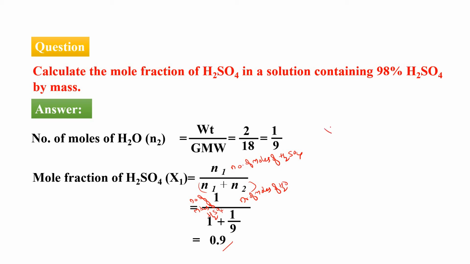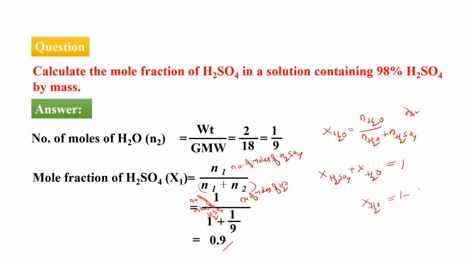Now how to calculate the mole fraction of water? If they ask, the mole fraction of water will be number of moles of water by number of moles of water plus number of moles of H2SO4. But this formula is not required. Why? Because we already know the mole fraction of H2SO4 plus the mole fraction of water should always be equal to 1.